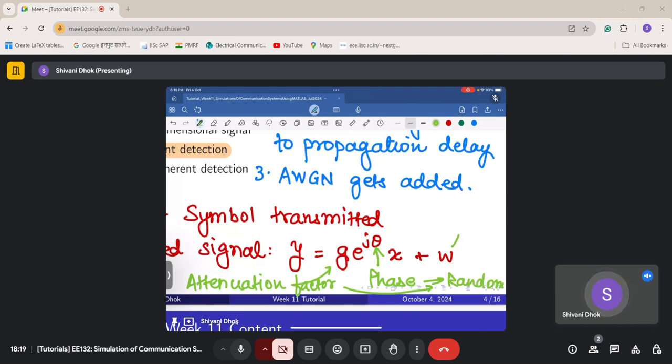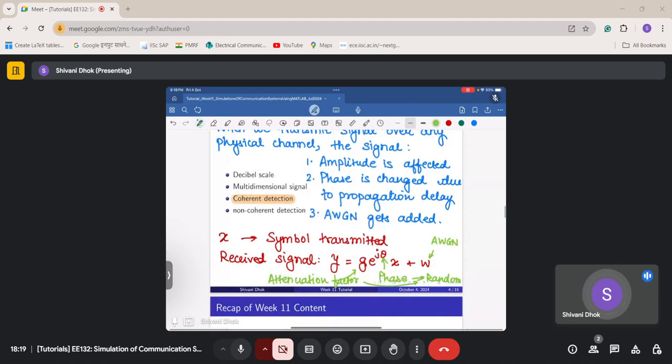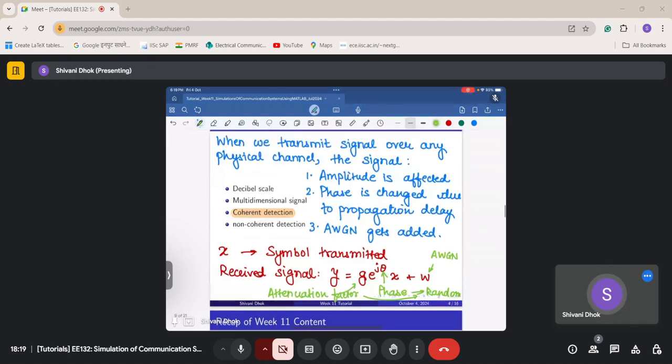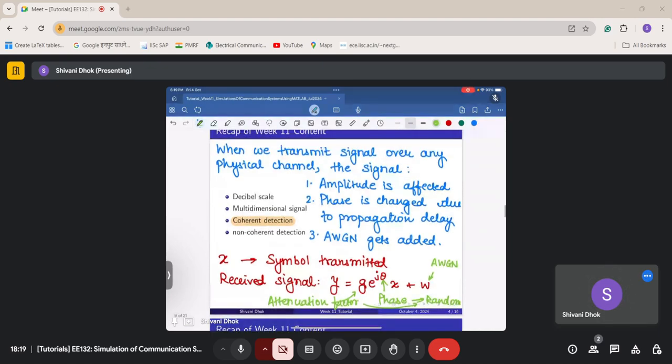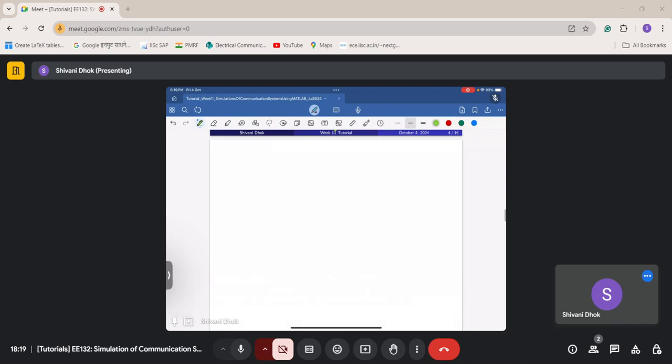And we know that w is AWGN, additive white Gaussian noise. Now this is rotating and scaling the signal entirely, right? So this is affecting my signal, affecting everything.